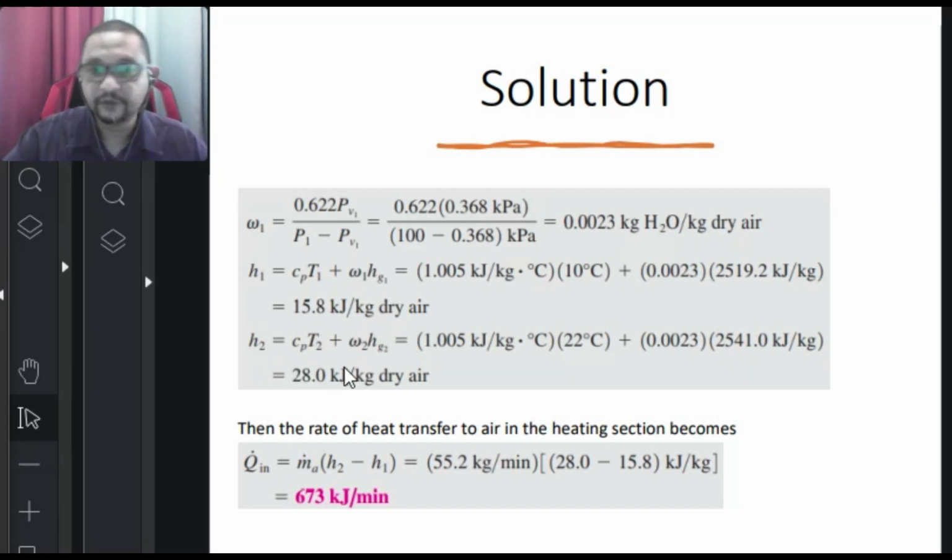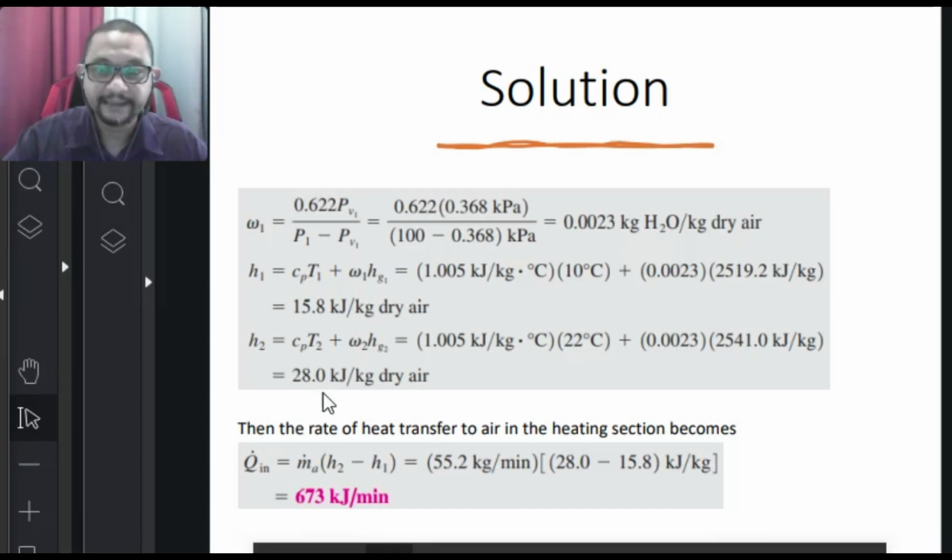For h2 also the same equations, and then put in the values based on point number 2, then you will get 28 kilojoule per kilogram dry air.